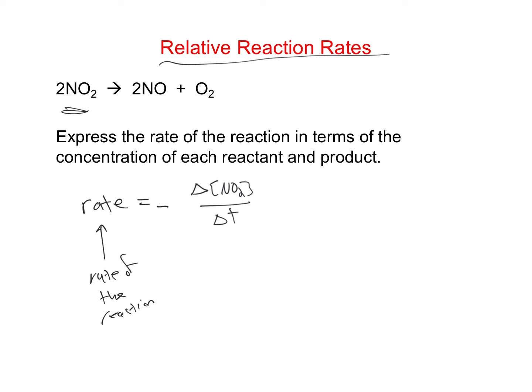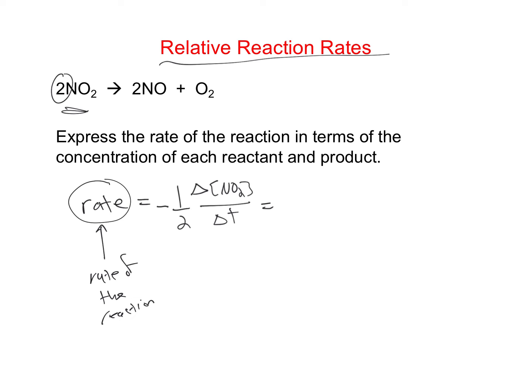Then, to take into account the stoichiometric coefficients, for any reactant or product we do 1 over the stoichiometric coefficient. In this case, for the NO2, it would be 1 over 2. And then we could also write the reaction rate with respect to the products. It will be equal to what we call the rate of the reaction, as long as we take into account the stoichiometric coefficients.